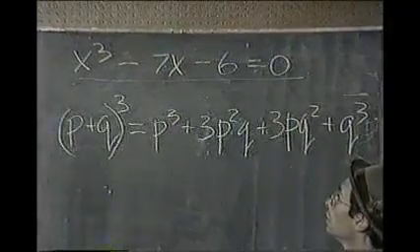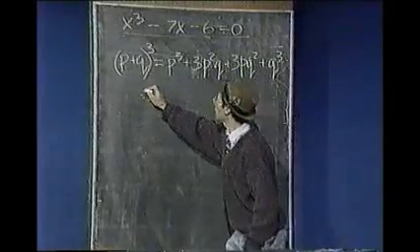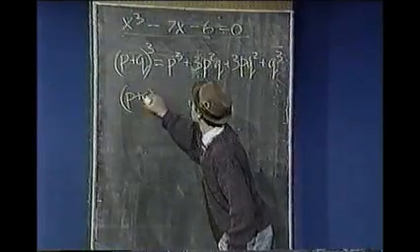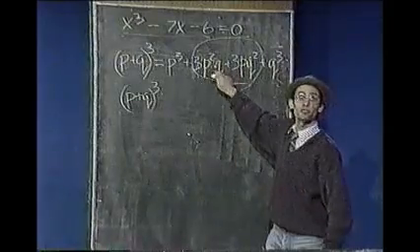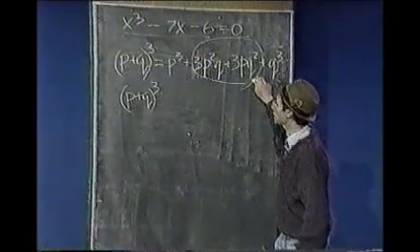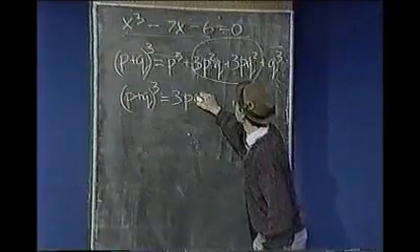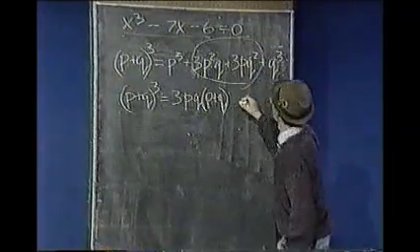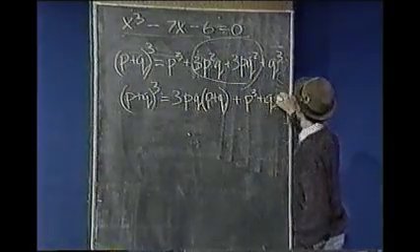Okay, now I'm going to regroup these things. I have p plus q cubed, and what I want you to see is I can factor out a term of 3pq out of it. It equals 3pq times p plus q, plus p cubed plus q cubed, okay?